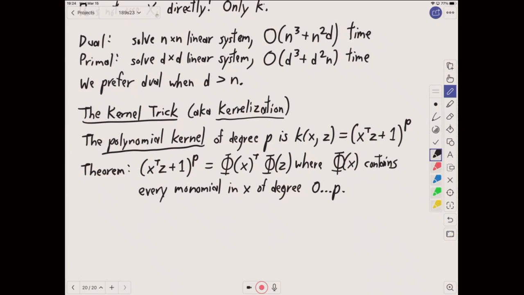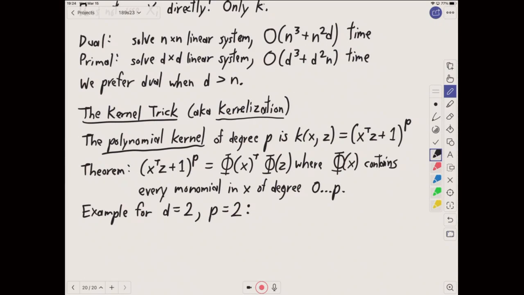I'm not going to prove this in the general case, but I think that if you just see it for a very simple case, it will probably convince you that this is true in the general case. Let's consider an example where you have just two features per sample point. So we've got a two-dimensional feature space, d equals 2. And let's suppose we're using quadratic polynomials. We want to do quadratic interpolation. So p equals 2. That's our polynomial degree.